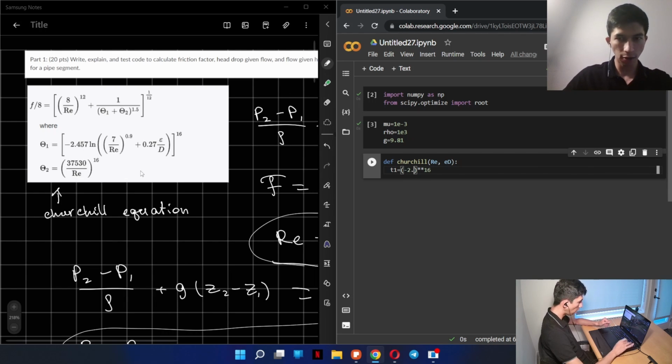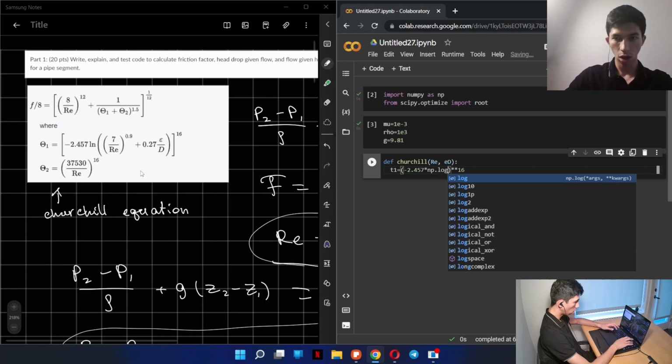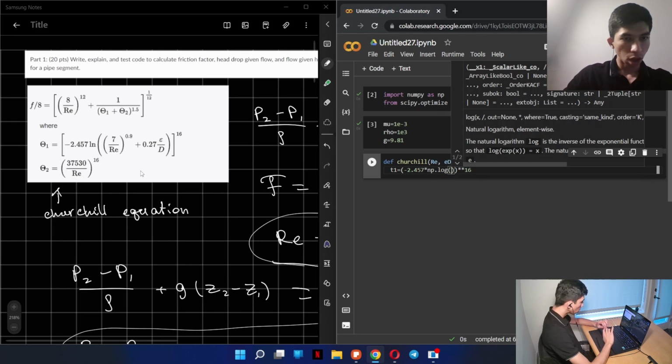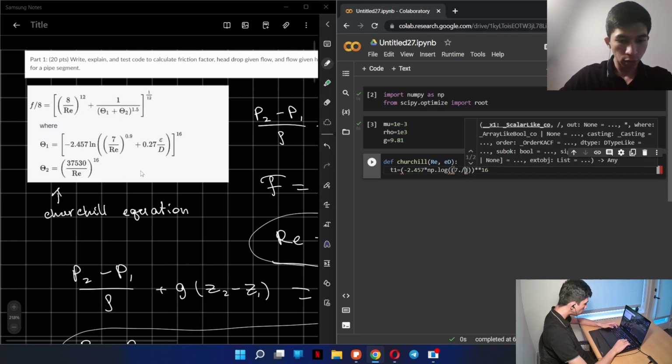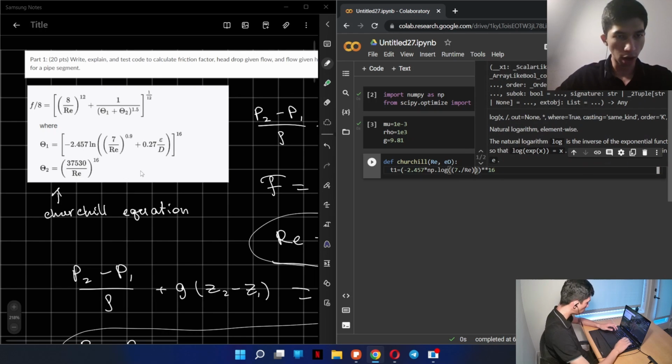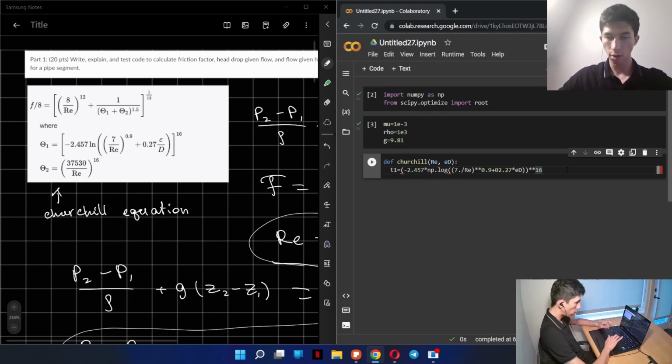We need to be very careful when we are writing this equation. np.log of, so inside of the log we have 7 over Reynolds number to the power of 0.9 plus 0.29 times e over D. Okay, let's check our equation.